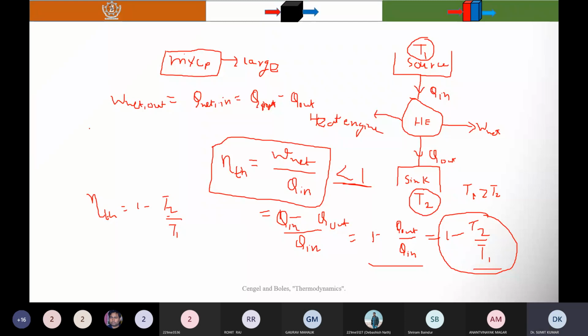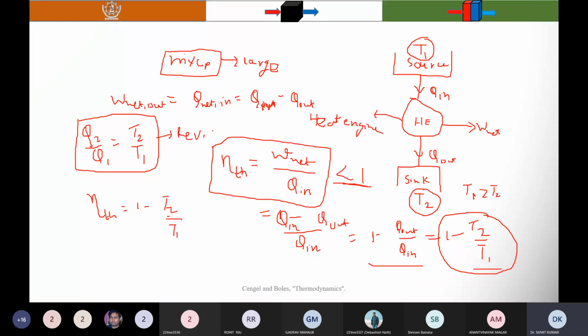So if you remember, there is a formula Q2 by Q1 is equal to T2 by T1. This means the heat transfer ratio is equal to the temperature ratio only when the process is reversible.